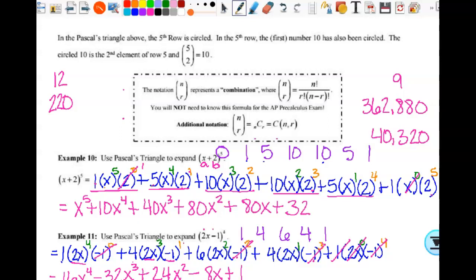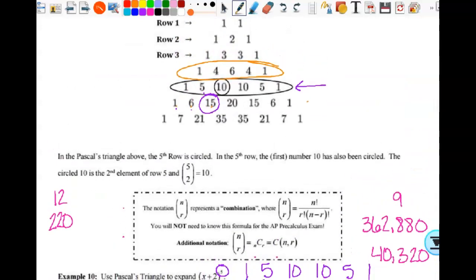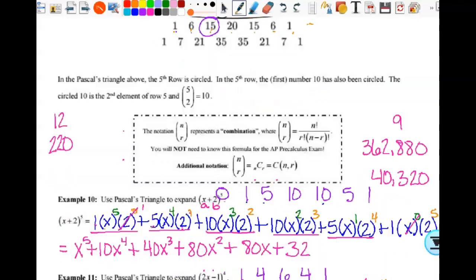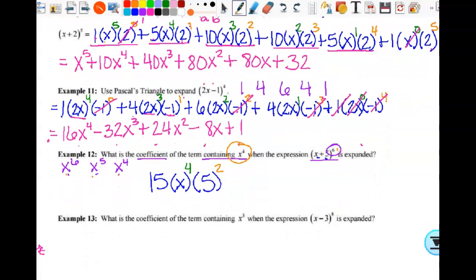Why 15? Because that's the third number. I know that this is the 0th element, but I'm not asking about the element, I'm asking about the term. This would be x to the 6th, x to the 5th, x to the 4th, x cubed, x squared, x, and then just the constant. Okay? So this is when I'm counting the terms, not the elements, because we're counting the terms, it's the third term.